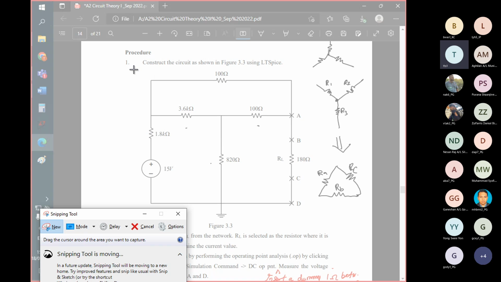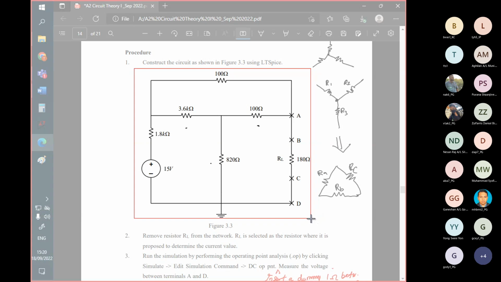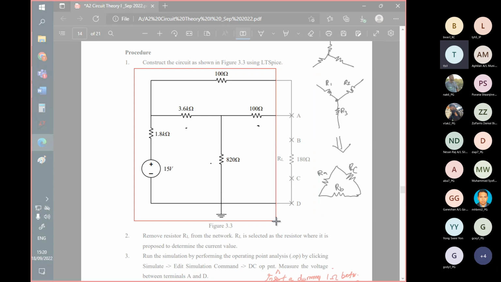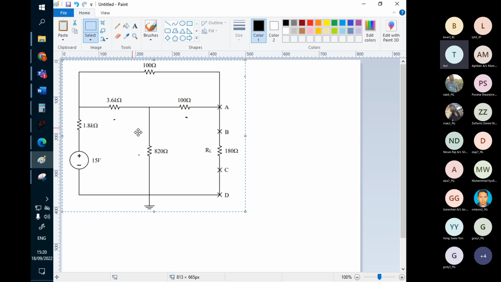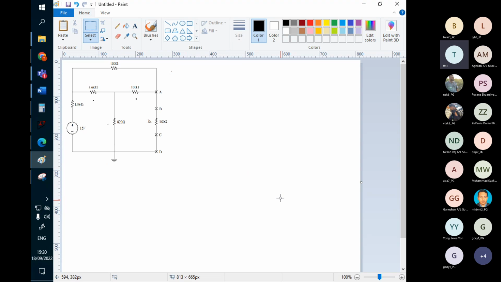Let me copy the circuit first. So this is the circuit without the output. You see, as I told you previously, this branch, this branch and this branch form the Y connection.